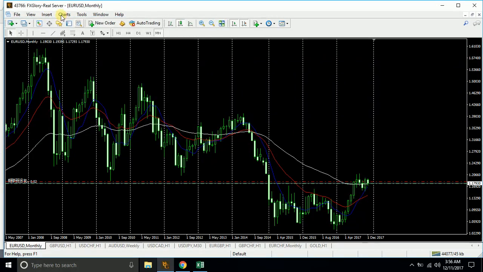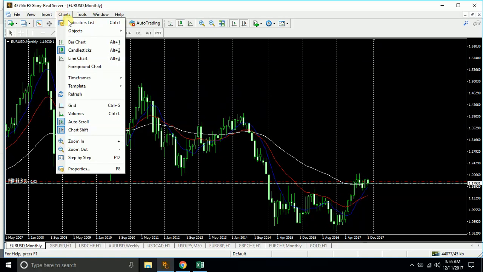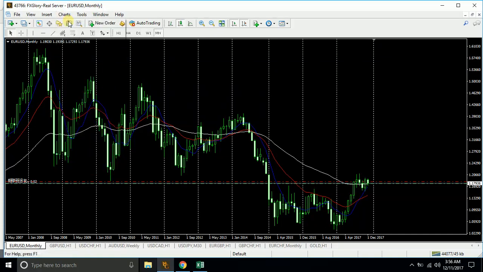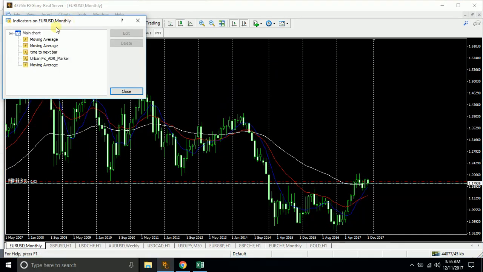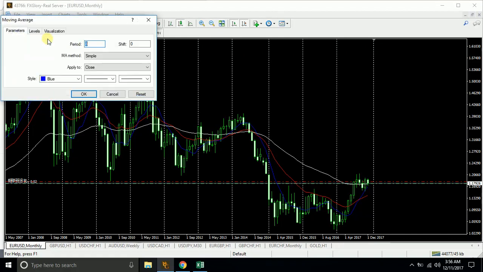As far as the indicators are concerned, the indicators I have on my chart are as follows. You're going to want to make sure you have these three moving averages.